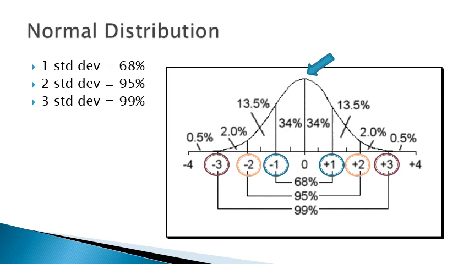So again, the standard deviation tells us the deviation from the mean, or the average. All you have to memorize is that 68% will fall within ±1 standard deviation from the mean, 95% will fall within ±2 standard deviations from the mean, and 99% of the data will fall within 3 standard deviations from the mean.